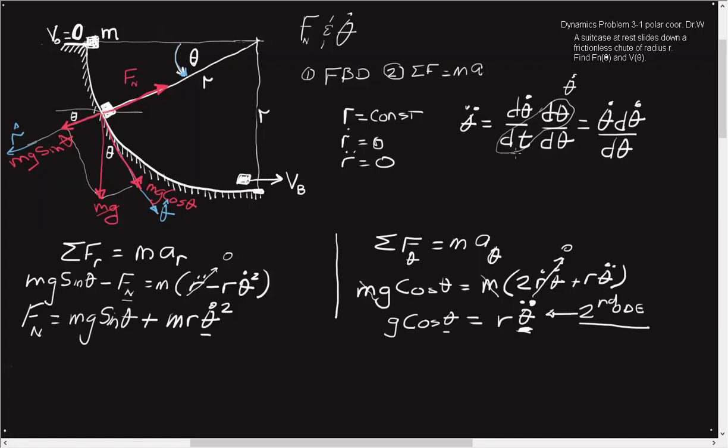So we converted it out of a time frame and into a rotating theta value, which is very useful for addressing that. So we get g cosine theta is equal to r theta dot d theta dot d theta.